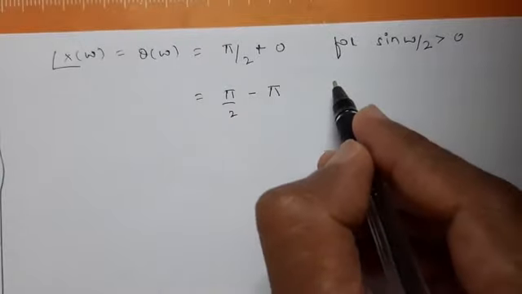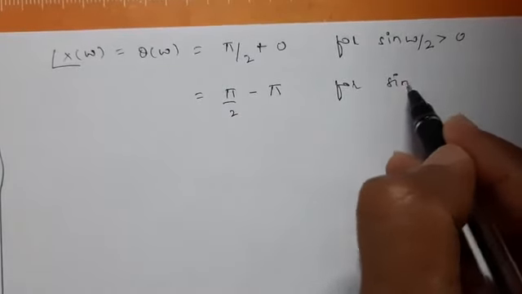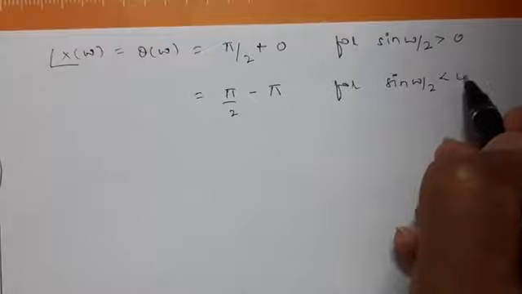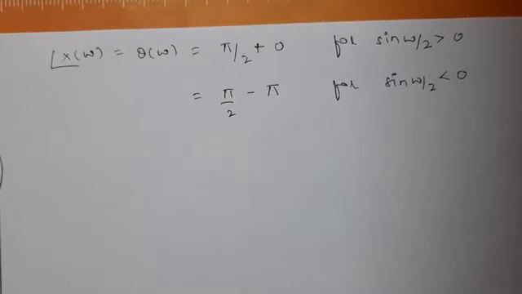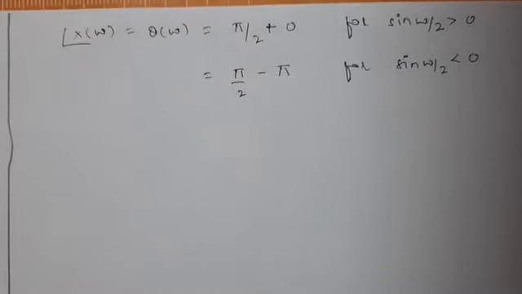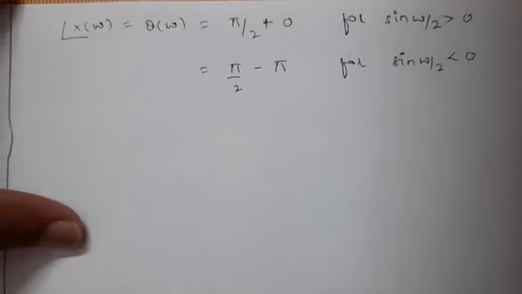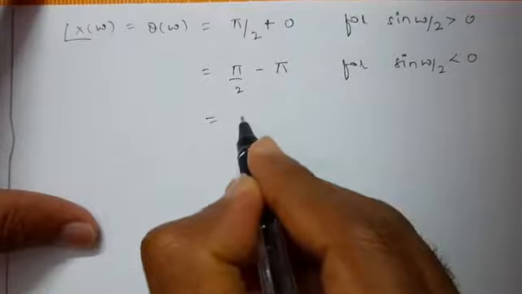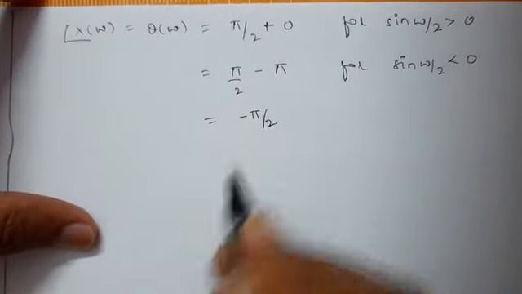For what value? For sine omega by 2 less than 0. Now if I try to show you how it is, 0 and this is pi by 2 minus pi, which is minus pi by 2.